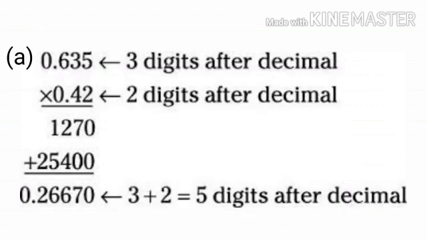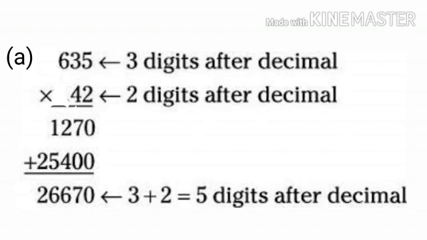Example A. 0.635 multiplied by 0.42. Here both decimal numbers we will consider as whole numbers and we will ignore the decimal points. We will not line up the decimal points. So, after multiplication, we will get the product as 26,670.